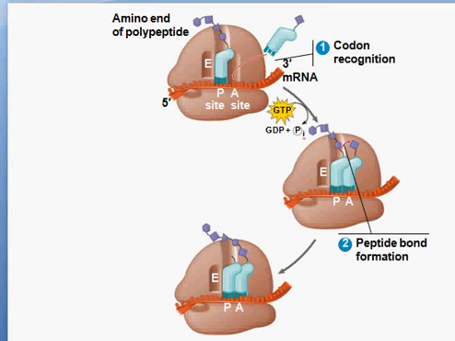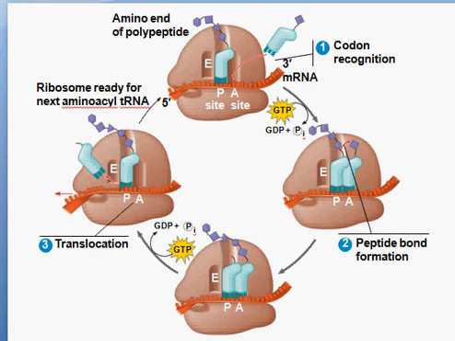So again, the first step is codon recognition by the tRNA, a peptide bond formation joining the new amino acid to the peptide chain, and then translocation of the tRNA to the next site. So from the A to the P site, and then from P to E through exit. And then the termination.